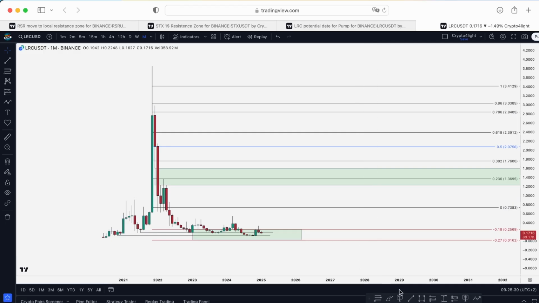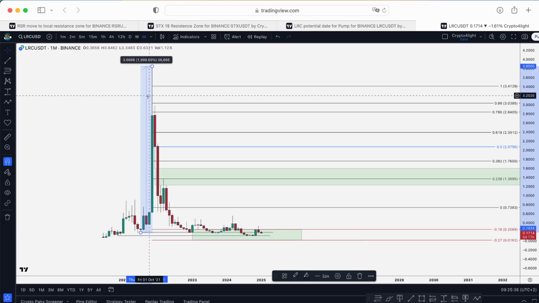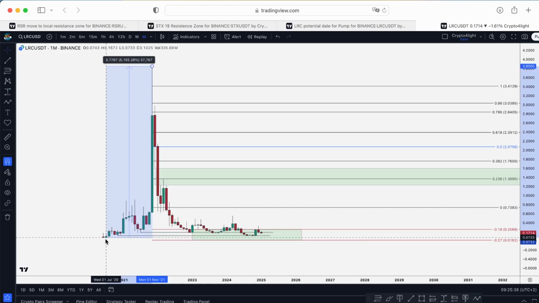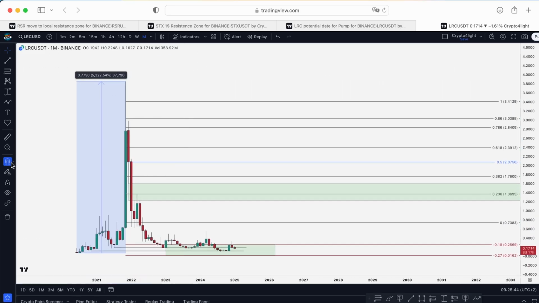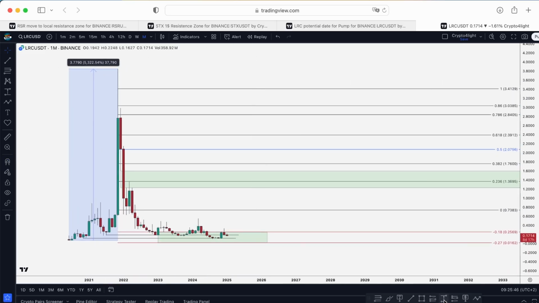When, we can't know. Last cycle, this token pump, let's say from June 21, we formed like 2,000% gains, and from listing on Binance from June 2020, this token pump 5,300% gains. I already explained it to you.